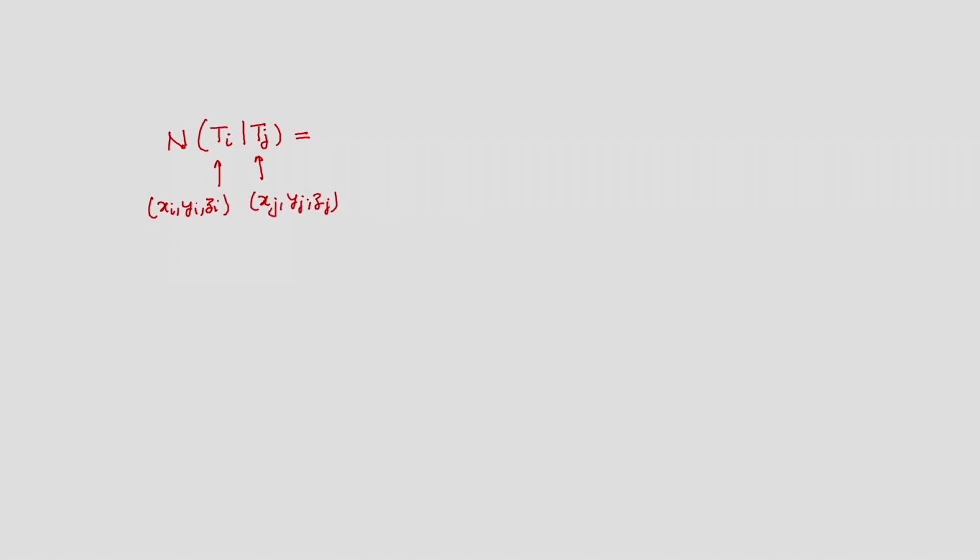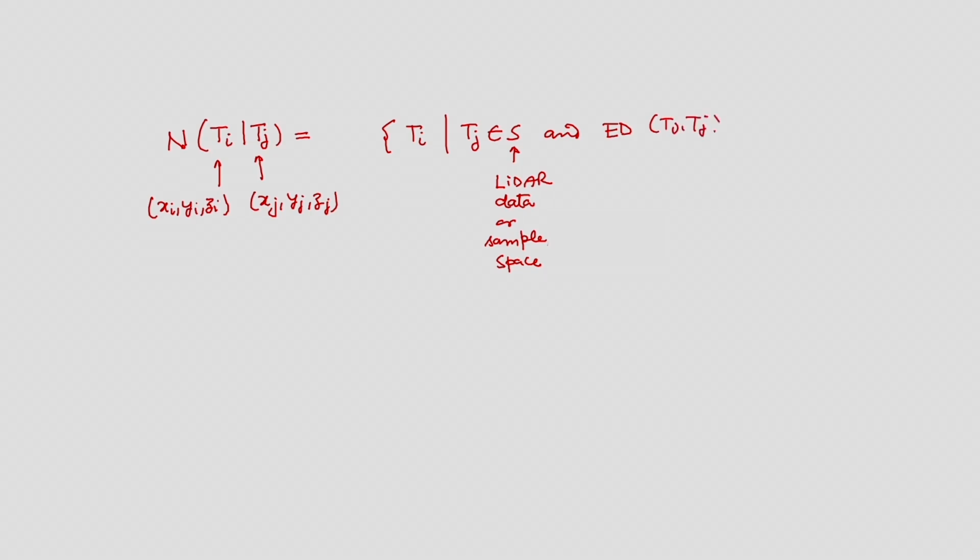So, I am saying that point Ti is in the neighborhood at a given location, or for the given point Tj, where Ti is in the sample space, or my LIDAR data, the complete sample space, and the Euclidean distance between Ti and Tj is less than some threshold.